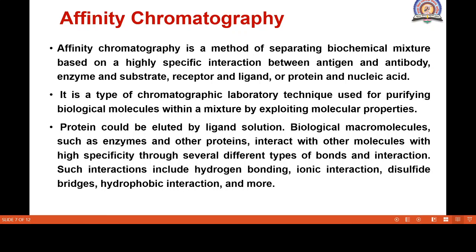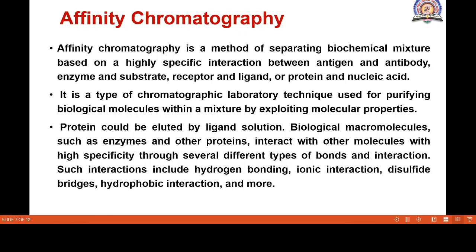Protein could be eluted by ligand solution. Biochemical macromolecules such as enzymes and other proteins interact with other molecules with high specificity through several different types of bonds and interactions. Such interactions include hydrogen bonding, ionic interaction, disulfide bridges, hydrophobic interaction, and some more interactions.